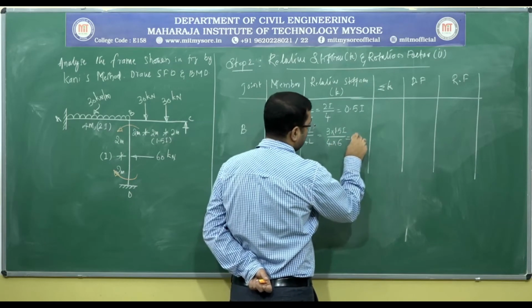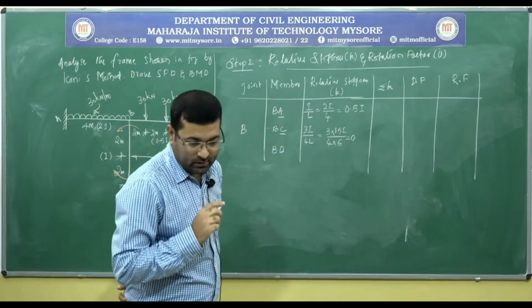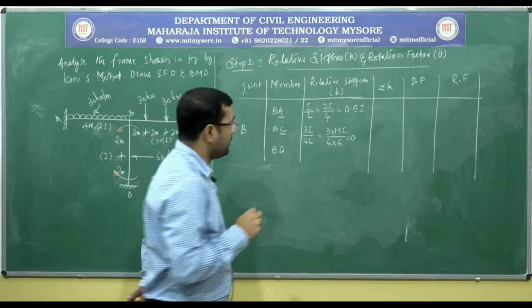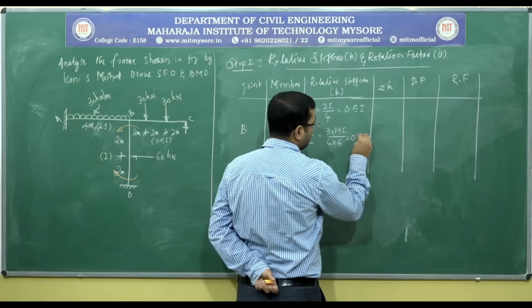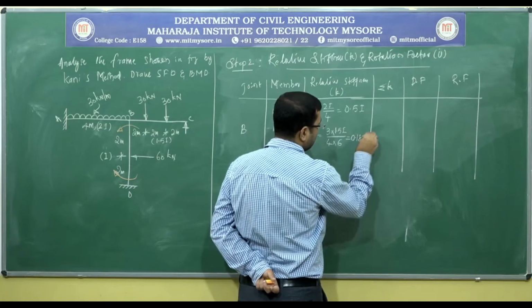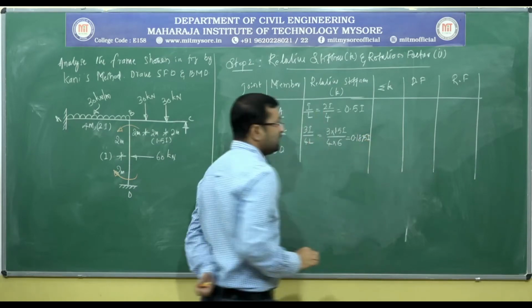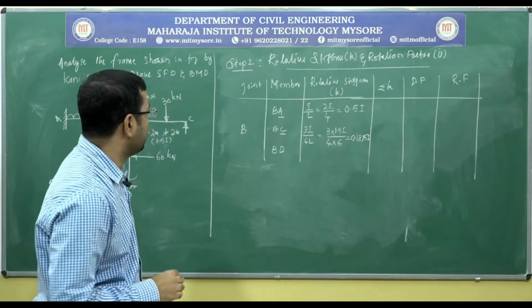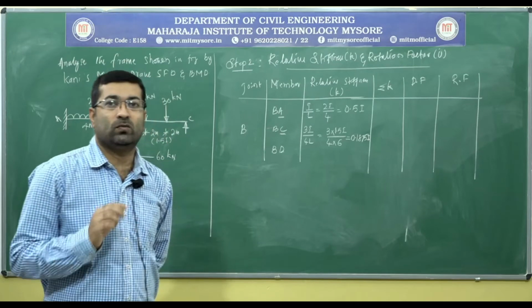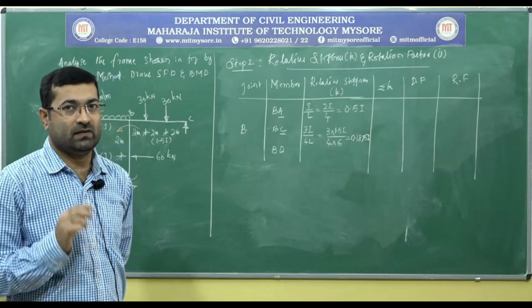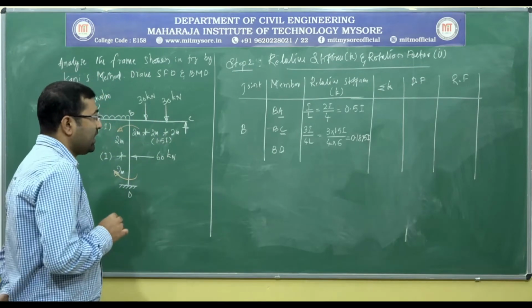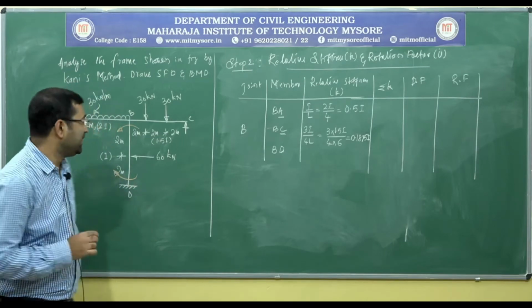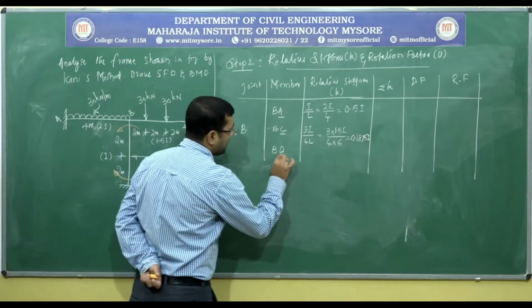So this is 0.1875 I. It is the relative stiffness for the BC member.